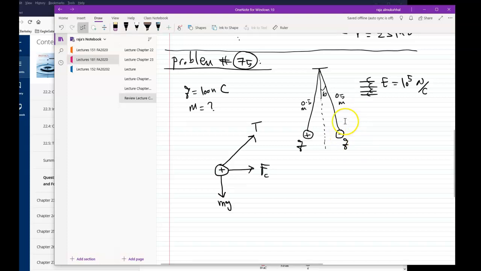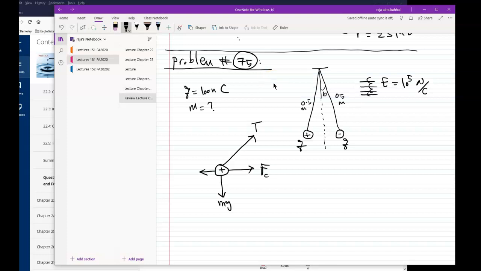And then the other one: because the electric field is going from right to left, if this is the positive charge, it is attracted to the negative terminal here. So the force on this positive charge is going to be something like that.